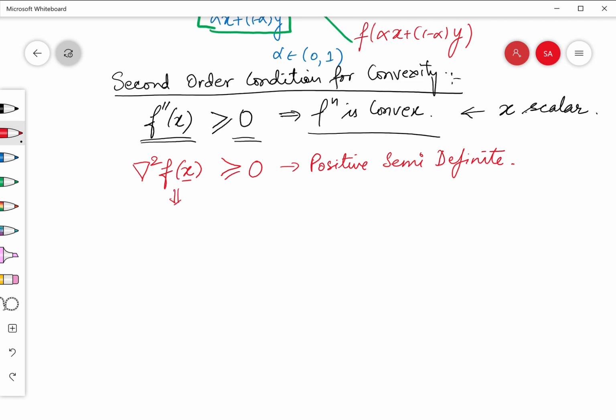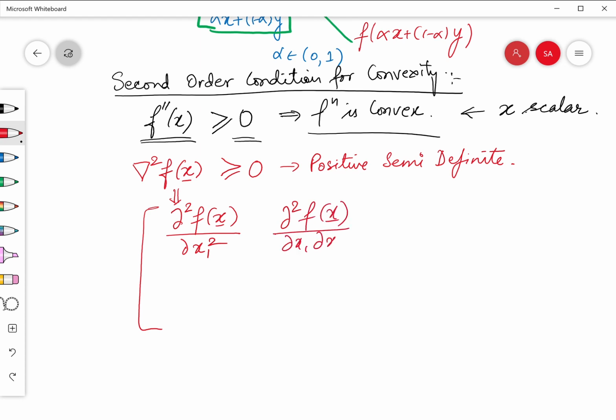The Hessian is given by del 2 f(x) over del x1 square, del 2 f(x) over del x1 del x2, del 2 f(x) over del x1 del x3, and so on.